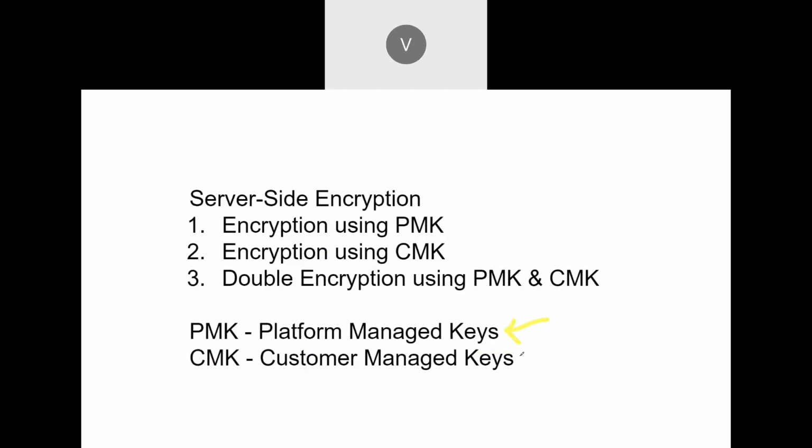If it is customer managed keys, then the keys are managed and maintained by us, including rotation and usage of the keys. If we use double encryption, the platform uses both PMK and CMK to encrypt the data, which is then stored in the physical storage device. That's how server-side encryption works.